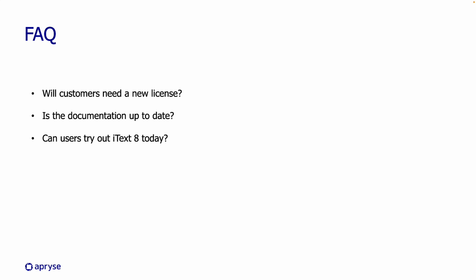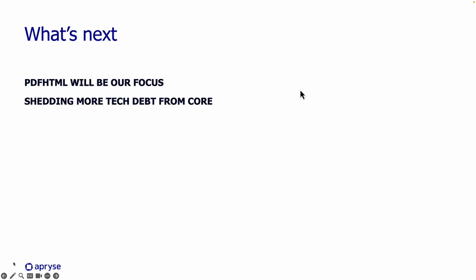And can users try out iText 8 today? Certainly, right from our website, whether you're an open source customer, someone new to iText, or a seasoned veteran from our commercial customers. iText 8 is available today, and it's freely available to try out. Okay, so what's next? So our focus will be on the add-on to iText known as PDF HTML.